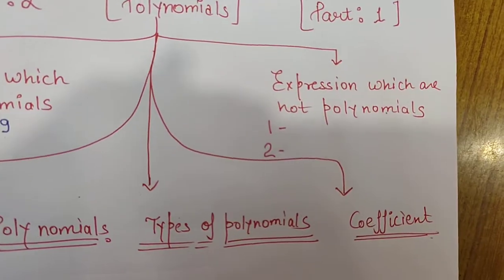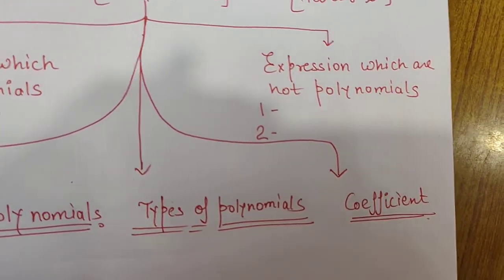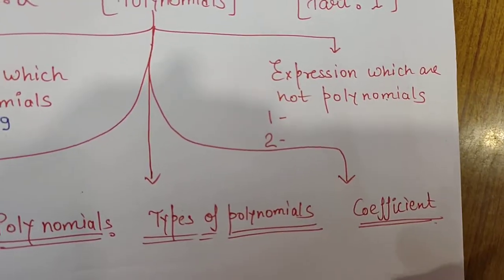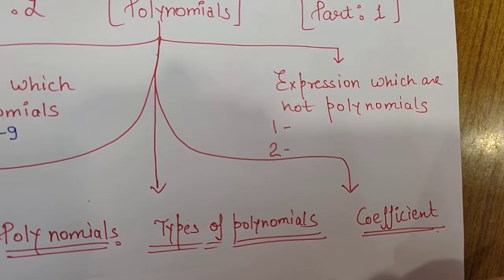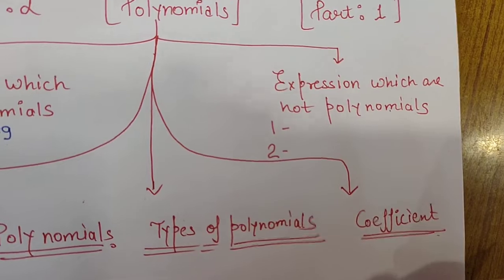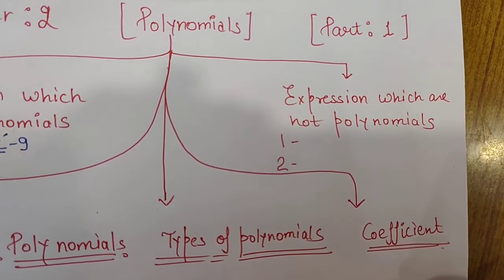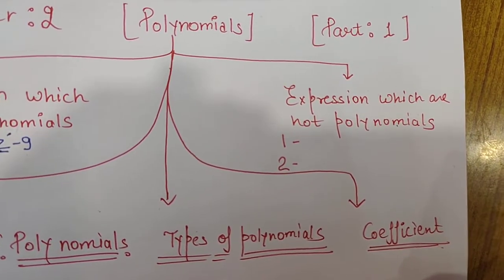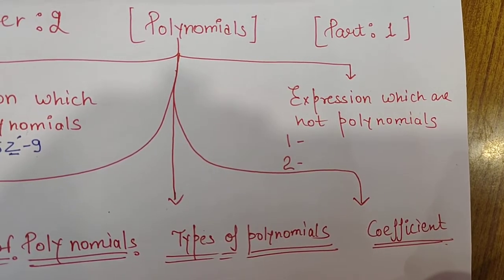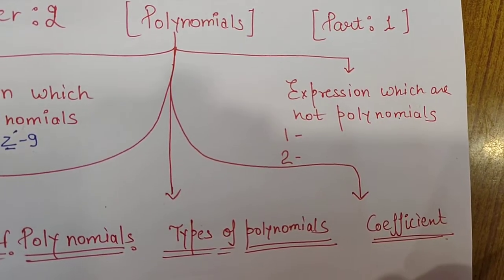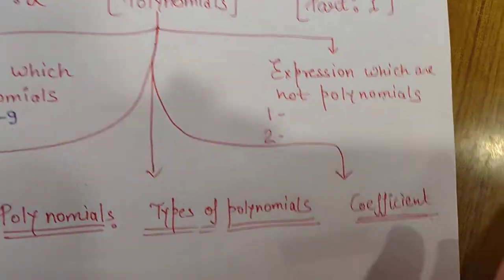So if we have to write examples which are not polynomials, it means the power of the variable should not be a whole number. It can be a root, irrational, rational, or a negative integer, because it should not be whole numbers only.